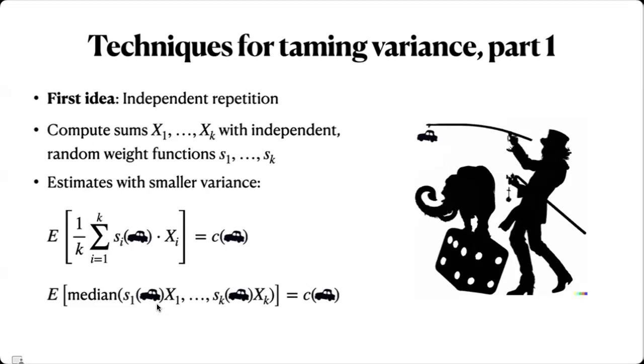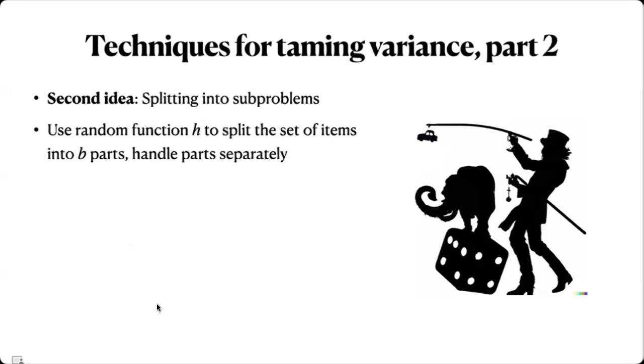So the second idea, which is I think slightly less obvious, is that it can actually help to split into subproblems. Here the idea is that we use some random function again, and this time it's a function that tells us for each item which subproblem it belongs to.